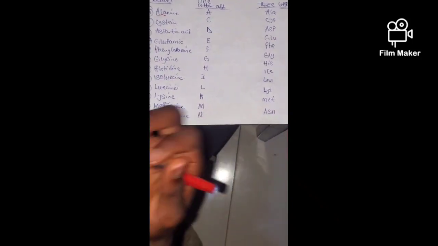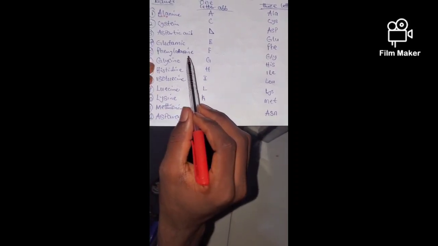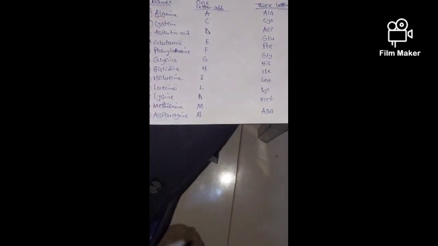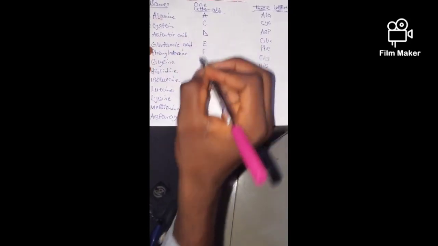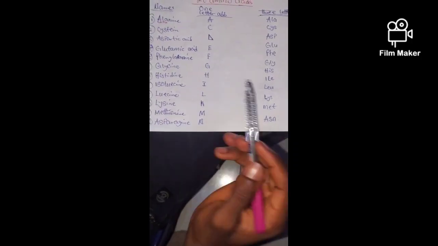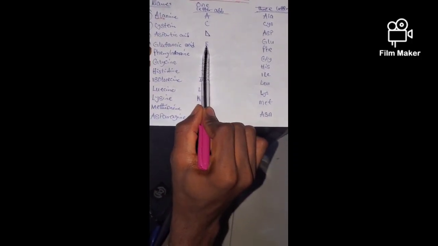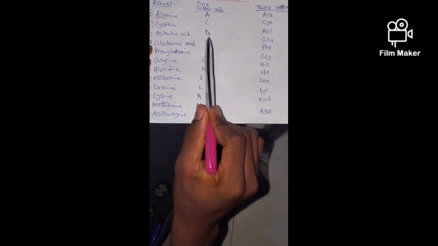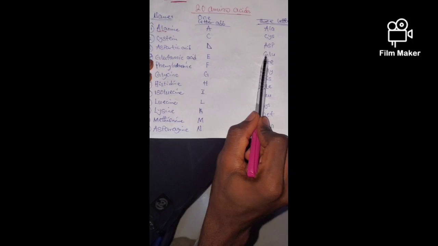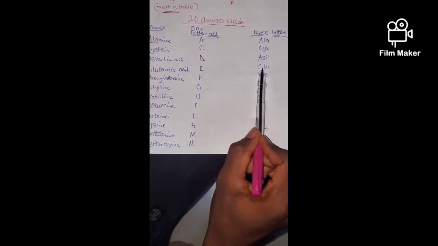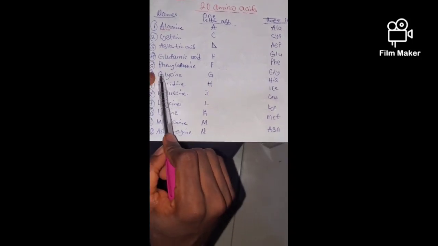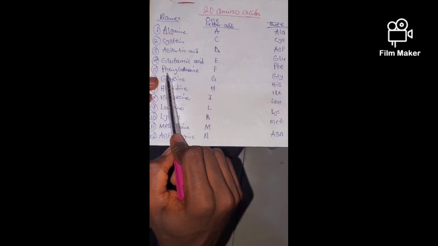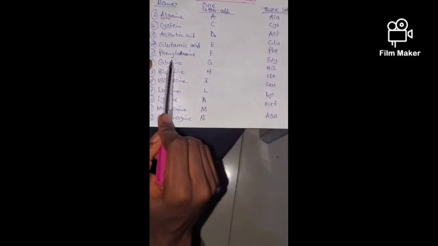We also have glutamic acid. The one-letter abbreviation is E, and the three-letter abbreviation is GLU. We also have an amino acid called phenylalanine.